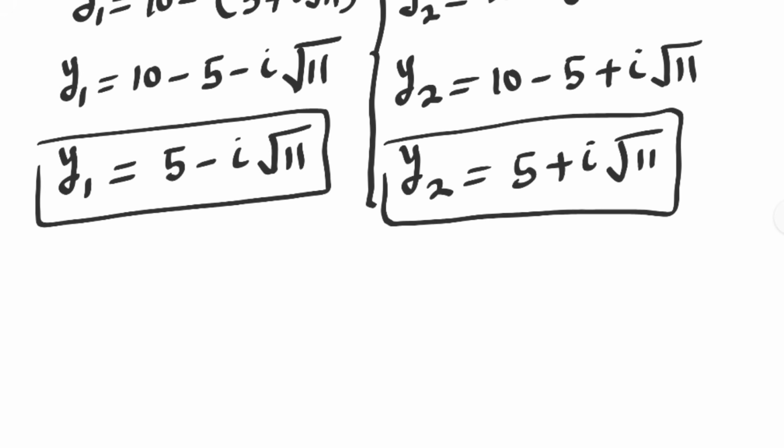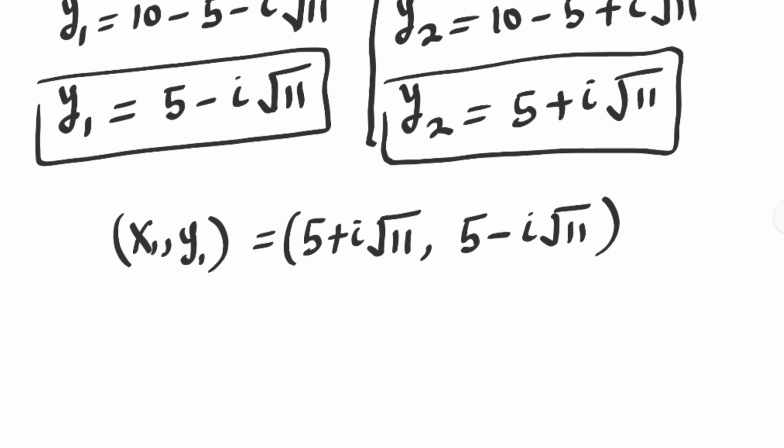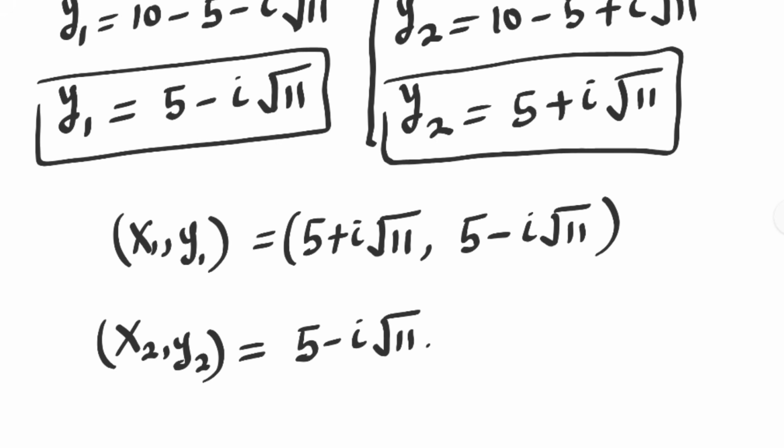Therefore, our final answers are x1, y1 is equal to 5 plus i square root of 11, 5 minus i square root of 11. x2, y2 is equal to 5 minus i square root of 11, 5 plus i square root of 11.